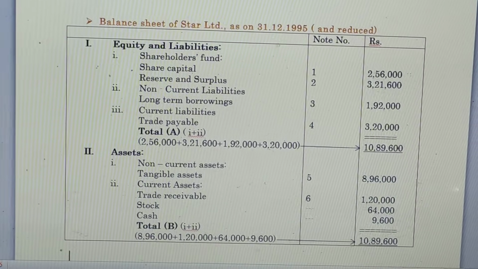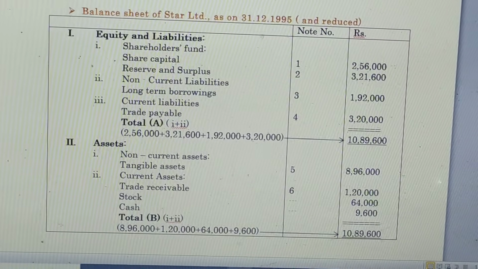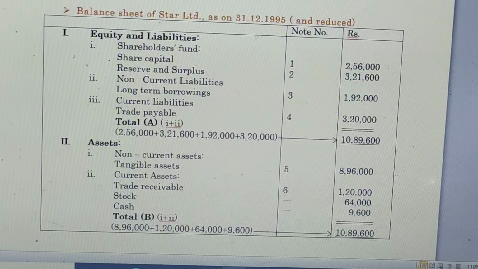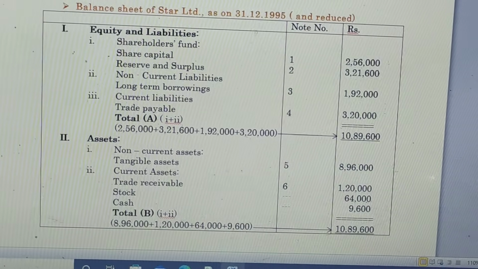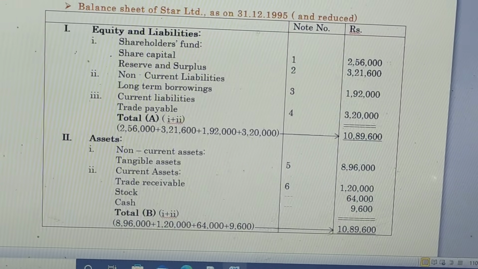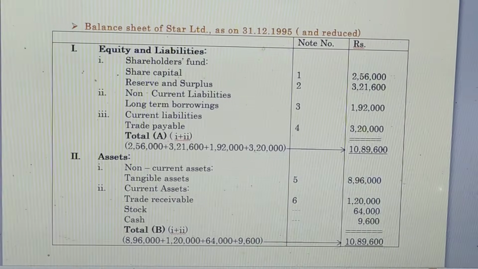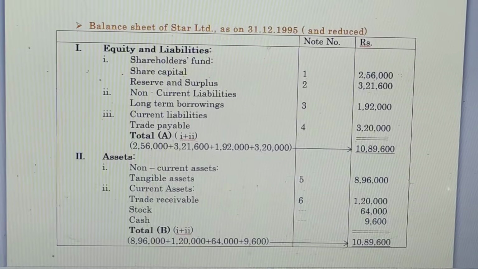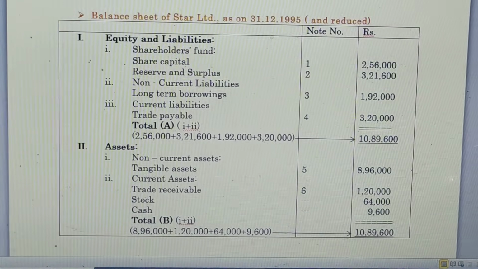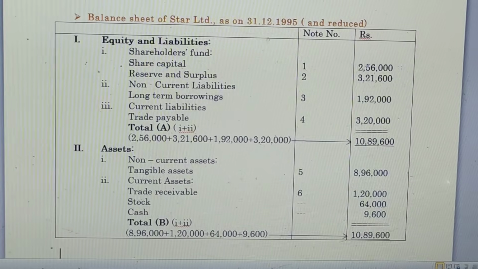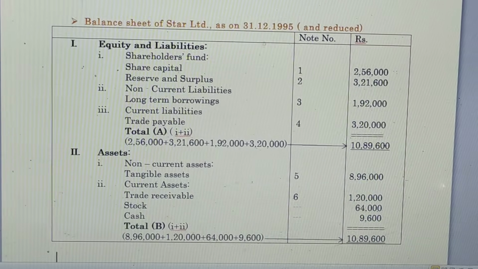Under the shareholders fund, we have to mention the share capital, that is note number 1 heading, and number 1 will be mentioned in the note number column. And the note number 1 total is 2,56,000, which we have to mention in the rupees column. And the reserve and surplus is note number 2 heading, mentioned in the particulars column, and number 2 will be mentioned in the note number column.